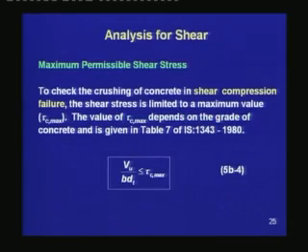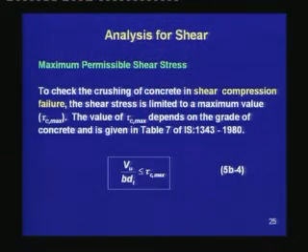Next, let us learn the maximum permissible shear stress in concrete. As I told you last time, there are several modes of shear failure. The approach in shear design is that we design the reinforcement based on the ultimate strength of the concrete to take shear.